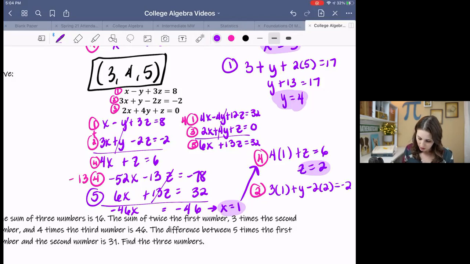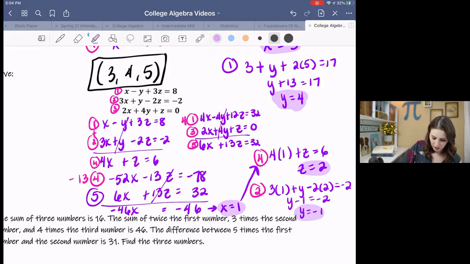That'd be 3 minus 4 would be a negative 1. Add the 1, and we get our y value. So your final answer should be 1, negative 1, 2.